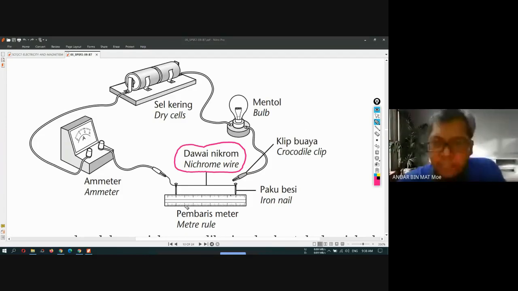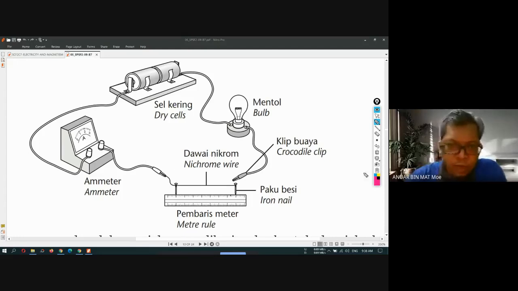Okay, now I connect all of this like usual by using nichrome wire and everything. Then I try to switch on, there is no switch over here, but never mind. I try to erase the nichrome wire name here first.